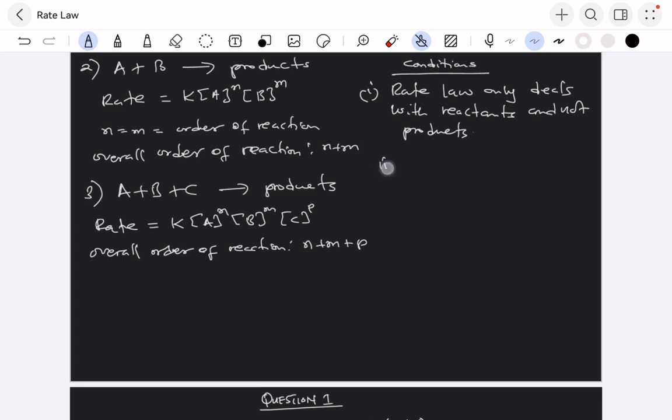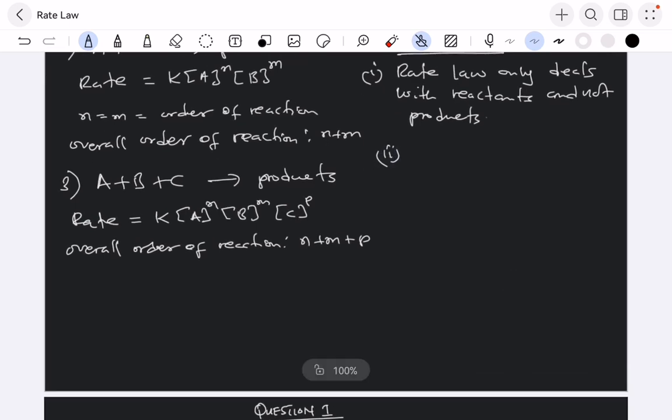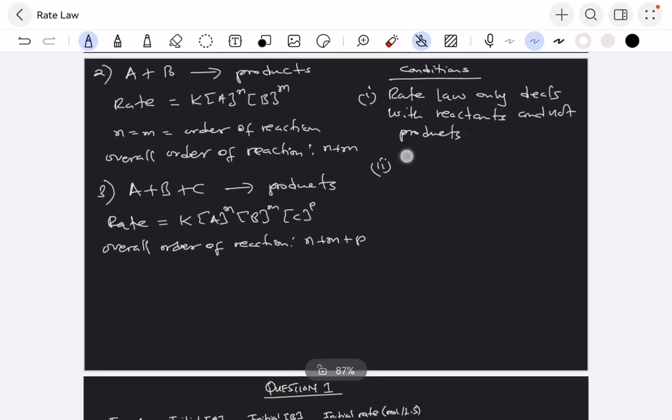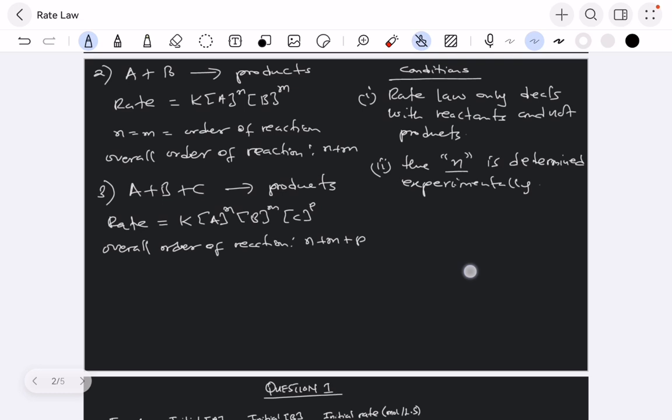Then the other condition is that the n, which is the order of reaction, is determined experimentally. So you can only determine the n or the m or the p by performing an experiment.